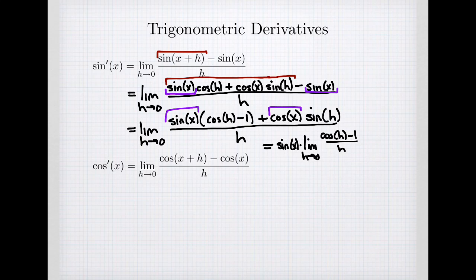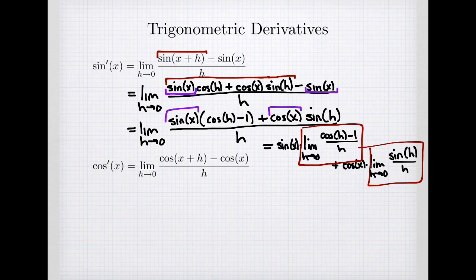And then I add a second term where I factor the cosine out: plus cosine x times the limit of sine of h over h. So I've factored out the parts that don't depend on h, and I have these two limits that I'll need to worry about.